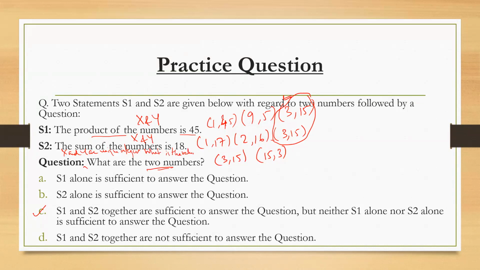Then what will be your answer here? Are you getting what I'm saying? I'm saying the product of X and Y is 45. The sum of X and Y is 18. X and Y are unique integers. What is the value of X? Now, what would you say?